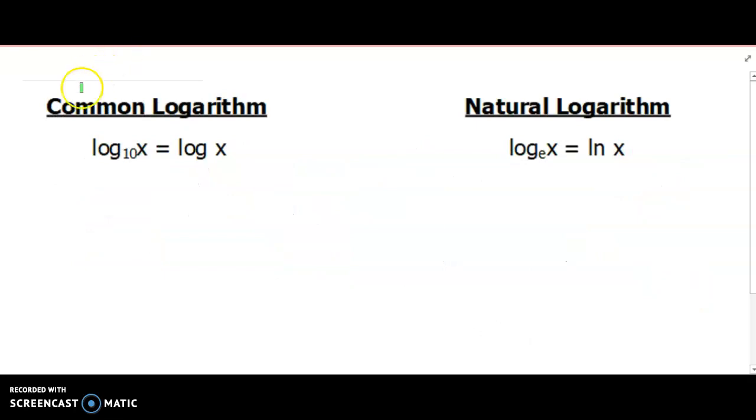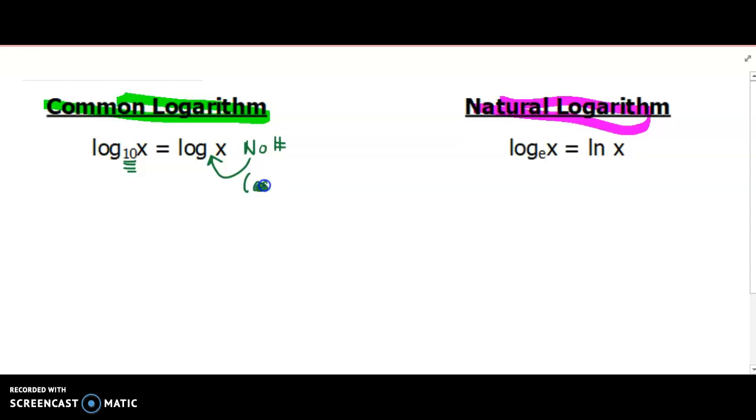All right, so two of the most used logs are the common log and the natural log. The common log is basically just log base 10. And since it's one of the common logs, anytime there's no number, we know it's assumed, or maybe I should say accepted, as base 10.